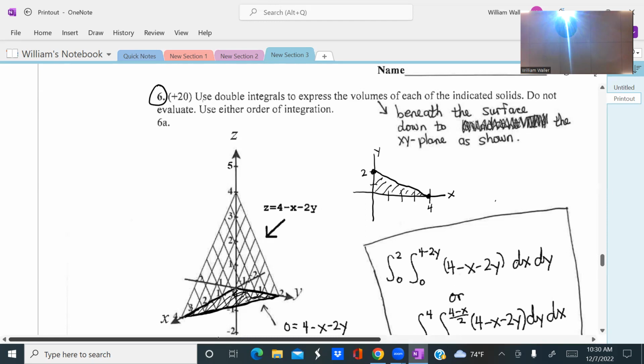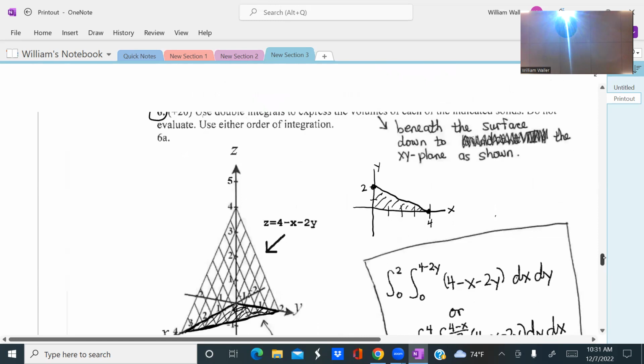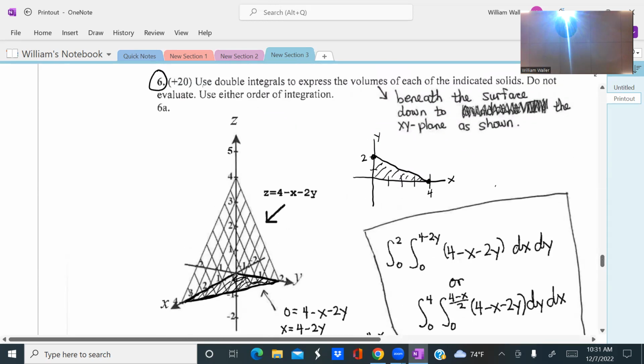So just take the formula for the plane, which you're given there, z equals 4 minus x minus 2y, and set that to 0. That's what I did there, Fatine. I happened to solve this for x because it was easy. So we get x equals 4 minus 2y.